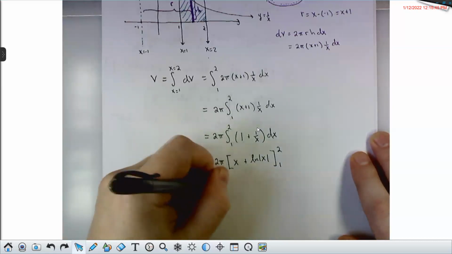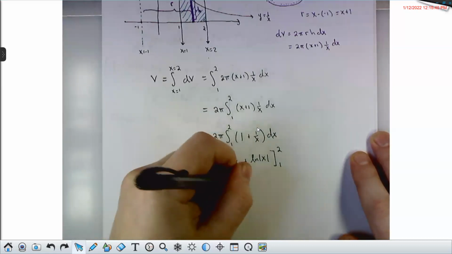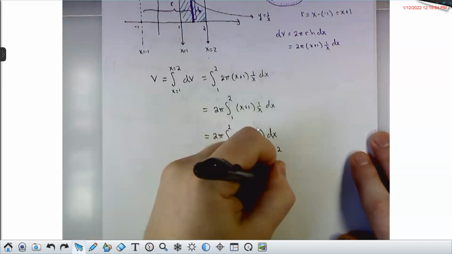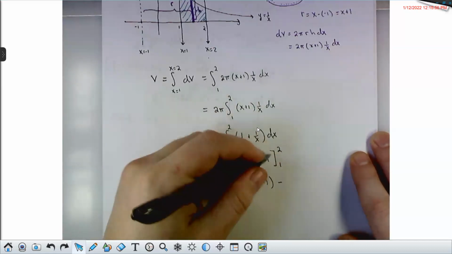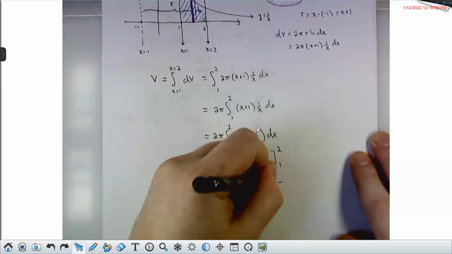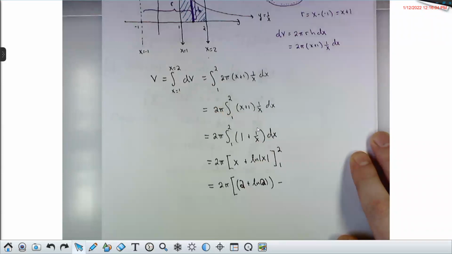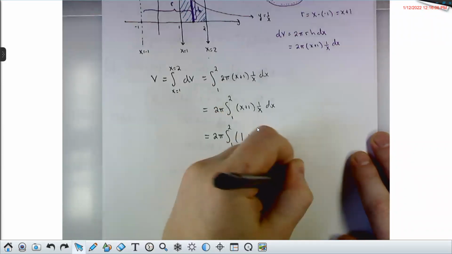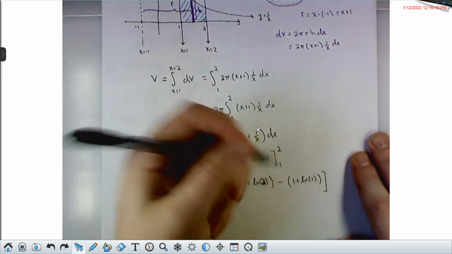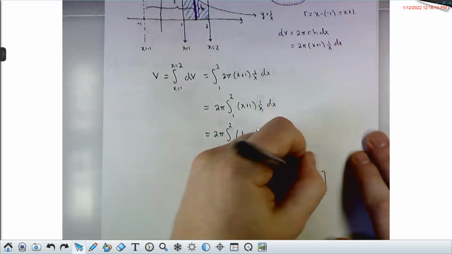Plugging in 1, I get 1 plus the natural log of 1. And then, oh sorry, I should plug in 2 first, right? 2 is the upper bound, I'm so sorry. So that's 2 plus the natural log of 2, my upper bound. And then I subtract off what I get when I plug in 1, which is 1 plus the natural log of 1. Again, the natural log of 1 is 0.